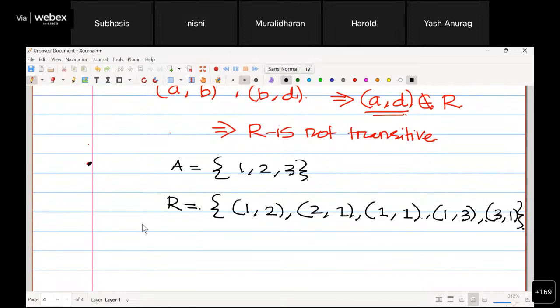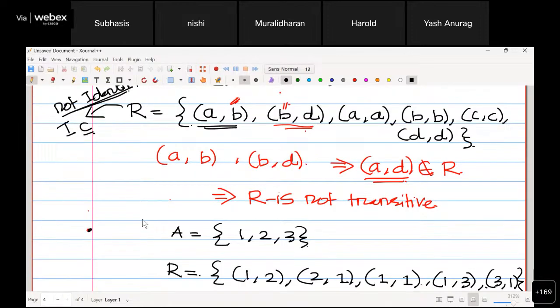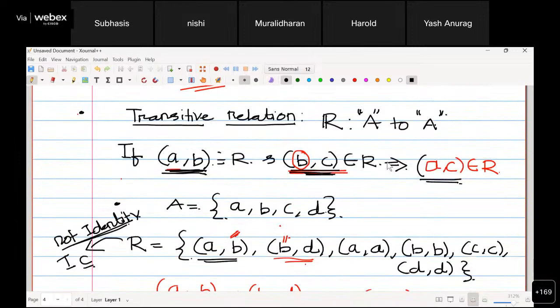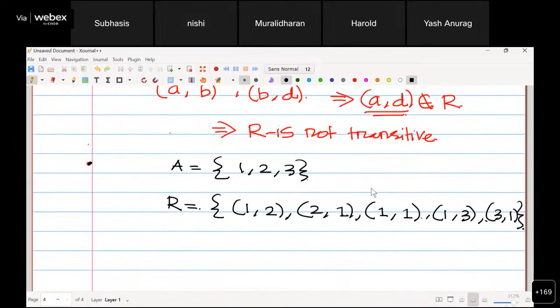I need to check whether this is a transitive relation or not. Again, my first task is to check all possible pairs of this form, and this condition should hold. Let me start with the first, (1, 2). Since my A comma B is (1, 2), I need to find all the elements of the form B comma C. That means the first element of B comma C should be the same as the second element of my first pair.